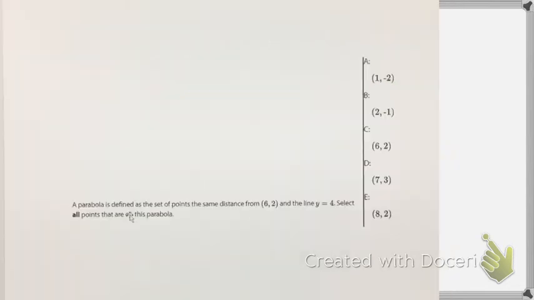Okay, parabola, same distance. That's the key there, that same distance from the focus point to the directrix. Let me just take a look at my notes real quick here. All right. So what you're going to want to do is use focus directrix form to figure that out.